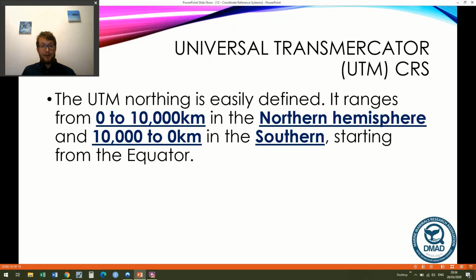And you may have noticed that 10,000 kilometers is a very exact measurement. As an interesting side note, 10,000 kilometers is equal to 10 million meters, and actually, a meter was originally defined as 1/10,000,000th of the distance between the equator and the pole. So that's quite interesting.